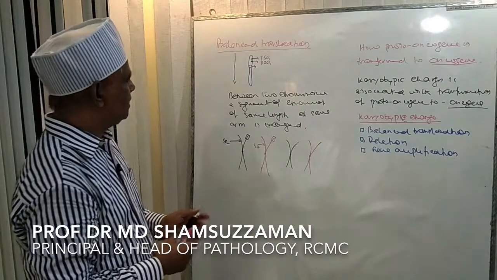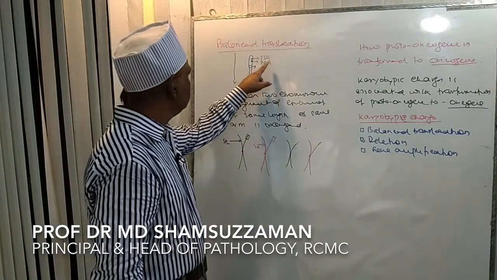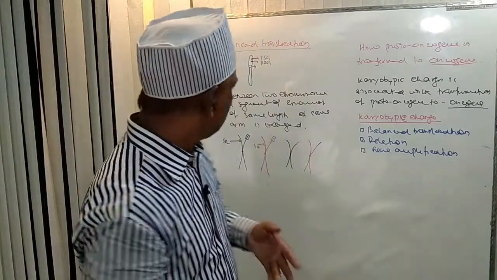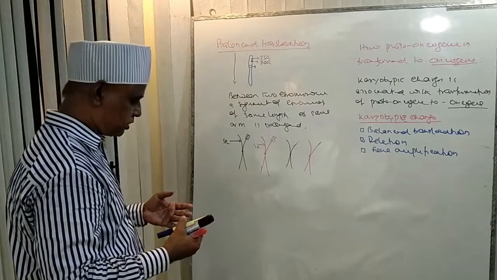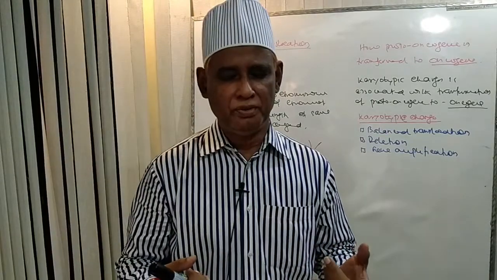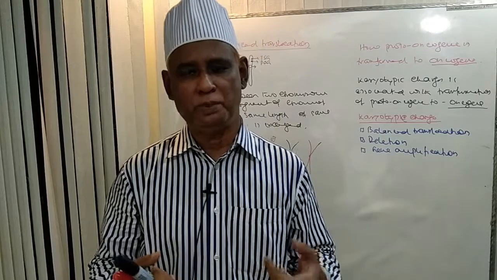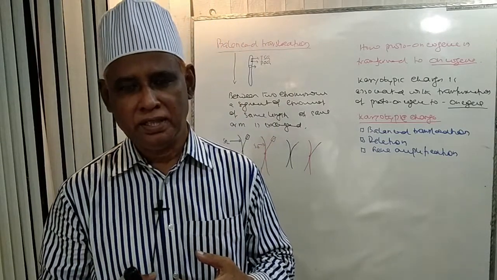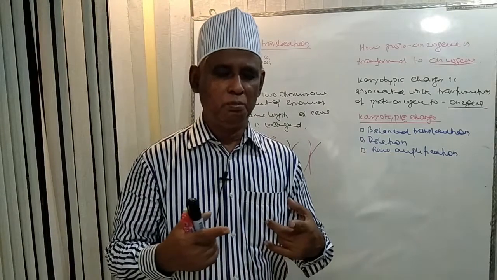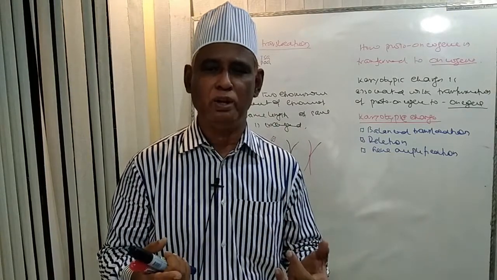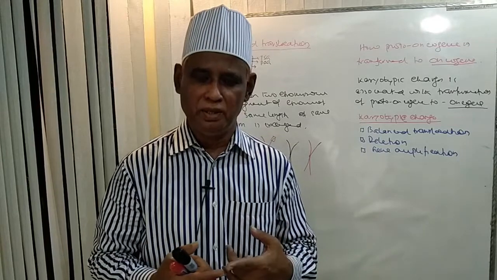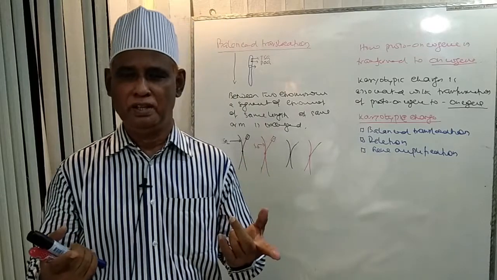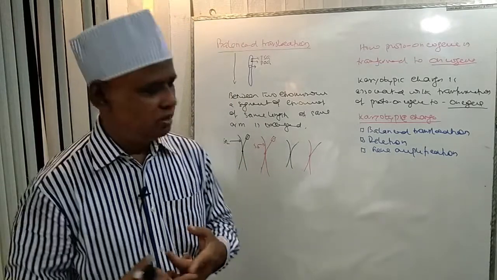Dear friends, again I have told you the tumor suppressor gene controls the proto-oncogene. During balanced translocation, if the proto-oncogene is displaced to a place where there is no tumor suppressor gene, then the proto-oncogene, without the control of the suppressor gene, becomes uncontrolled, and so there will be uncontrolled proliferation and tumorigenesis.